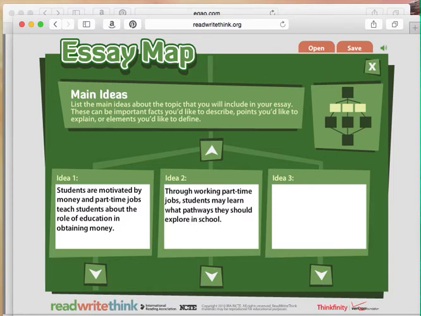So my second point is part-time jobs will actually help you with course selection. So that's the second paragraph.